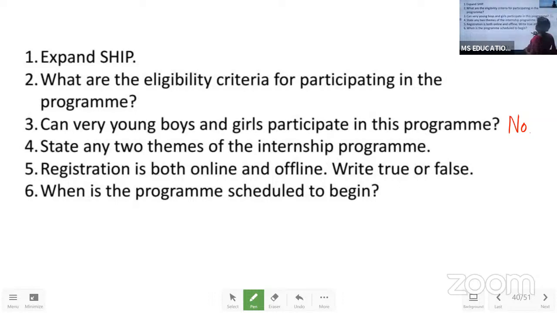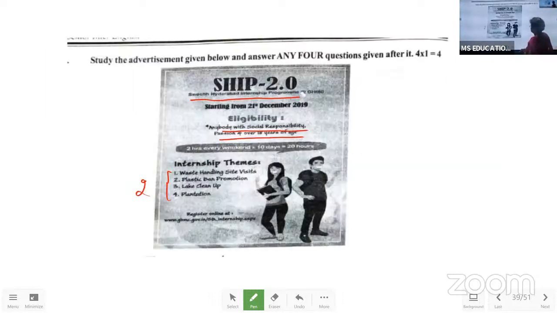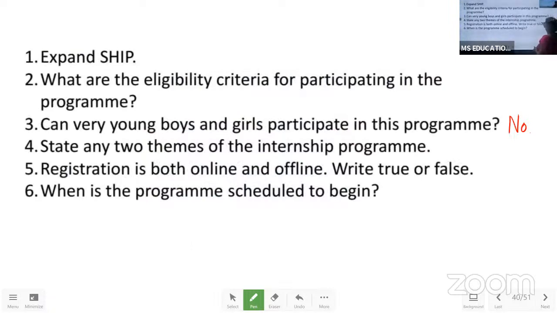Registration is both online and offline. Write true or false. It says only register online. So it is false.